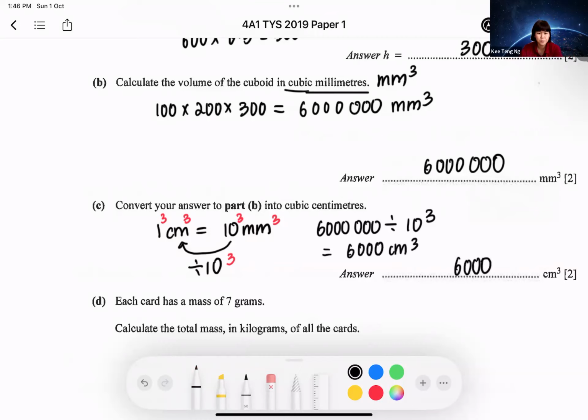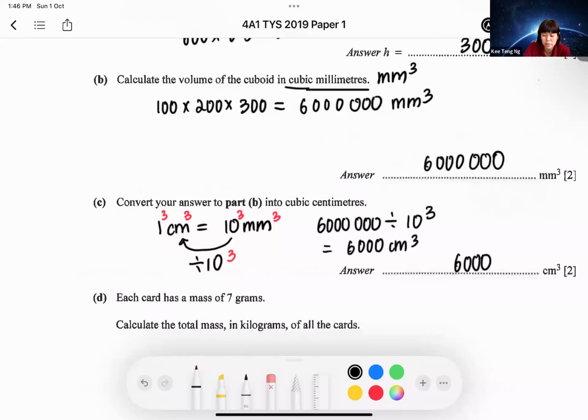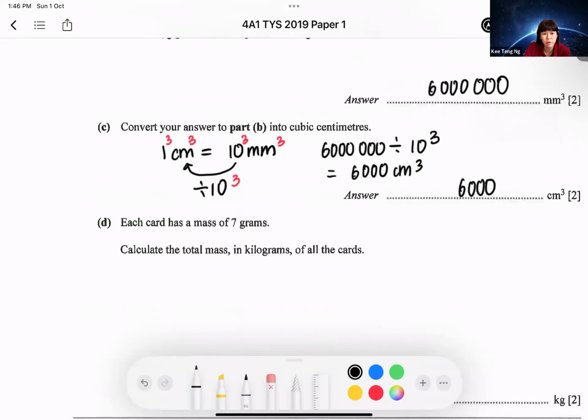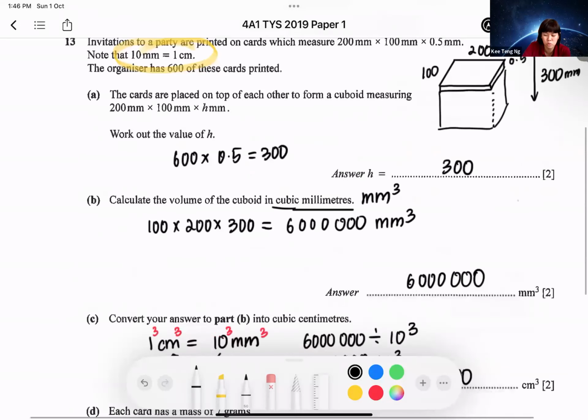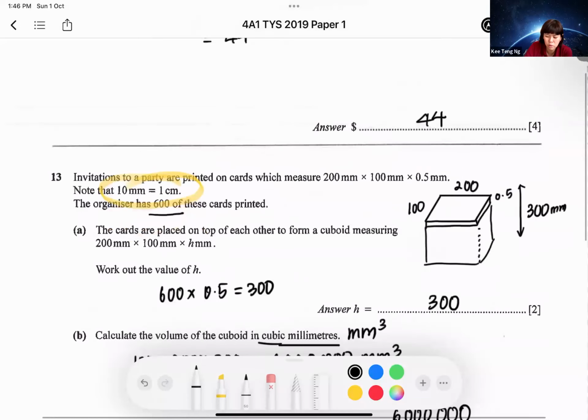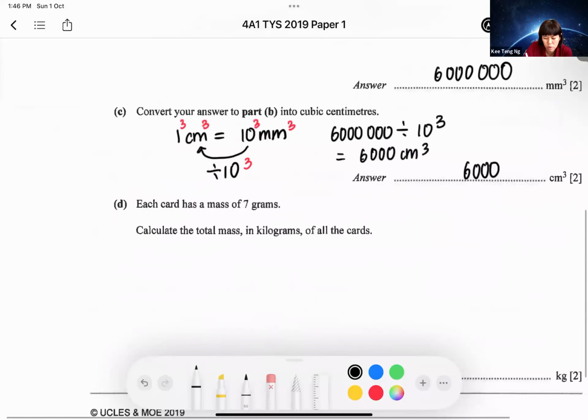Is that okay? Each card, one piece of card, has a mass of 7 gram. Calculate the total mass. So there are how many cards in total? There are 600 cards in total, right? So 600 cards of 7 gram. 600 times 7 gives you 4,200 gram.